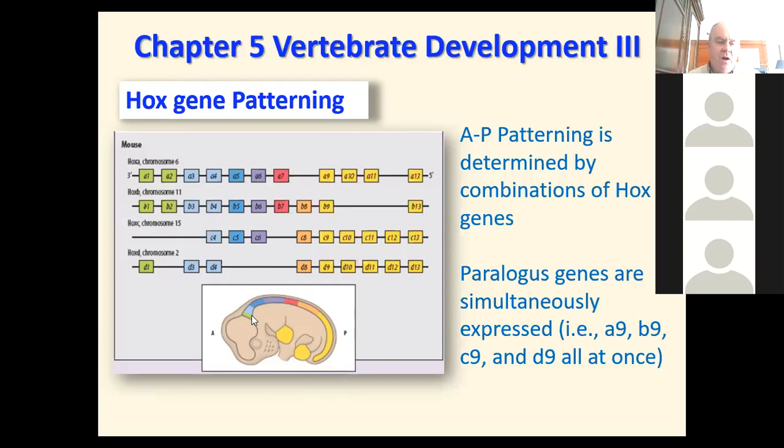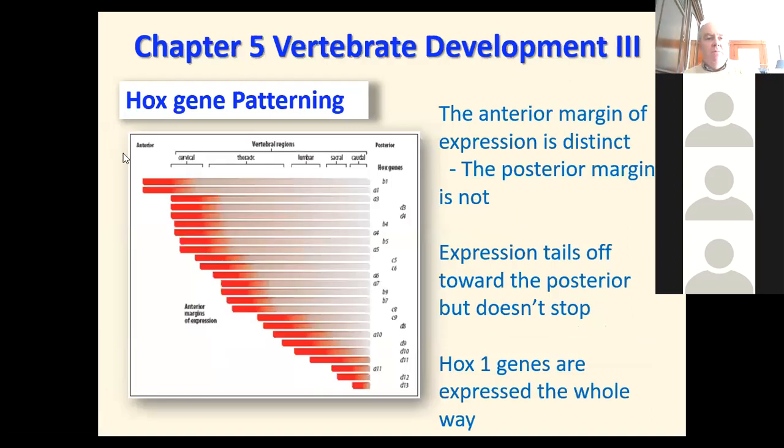And in terms of combinations, the 1s get turned on first, but they never go off, okay? So if you have only the 1s on, it ends up in the hindbrain. But that's going to stay on, and eventually you get the 2s and 3s to turn on, and that ends up in the cervical area. So you've got all of these genes on at once.